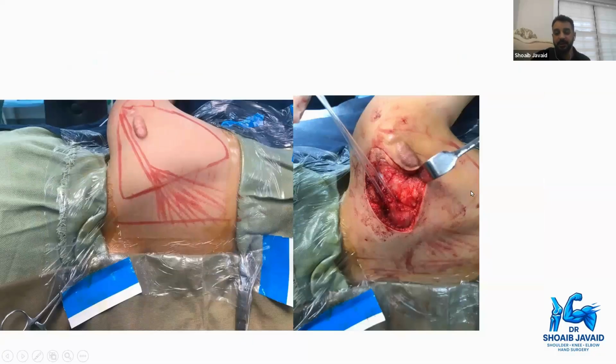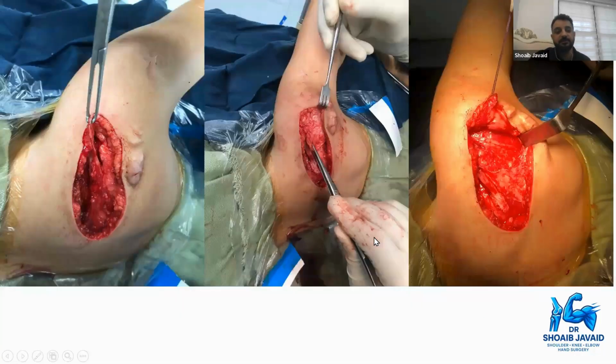So this is how we do it. We put the patient in the lateral position. We mark out the lower trap. You can see this old scar present already because her arthroscopy got infected. We make an incision on the spine of the scapula and elevate the lower trapezius.